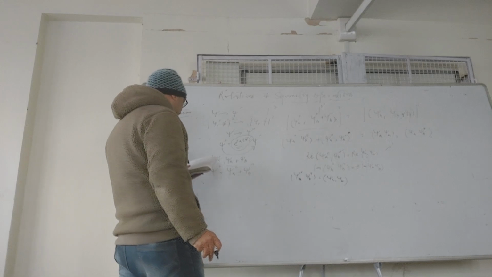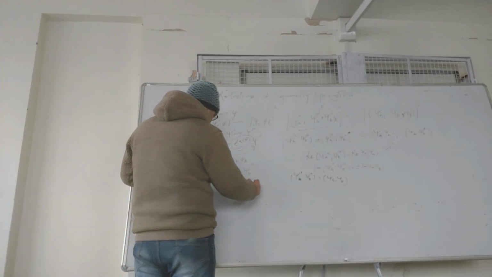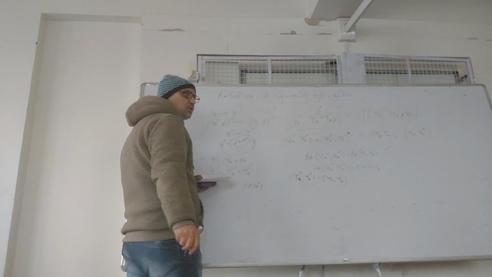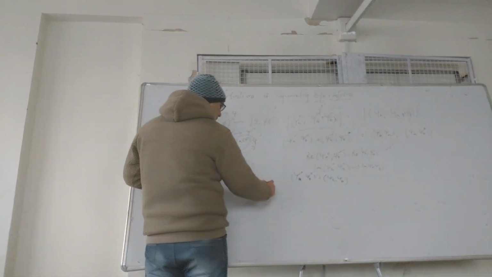Now look, we have this. If you have a scalar multiplied by psi double prime, the scalar should come out.